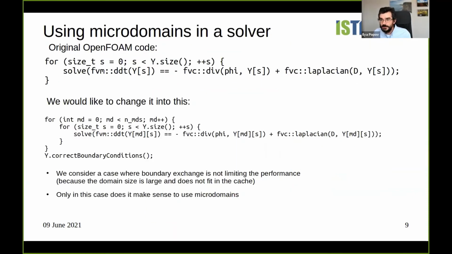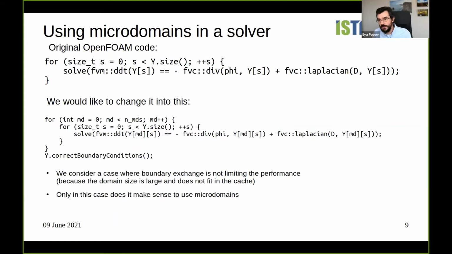And then instead of one loop over species and then a loop calling the solve function that loops over all the domain, we would like to have a loop over microdomains.